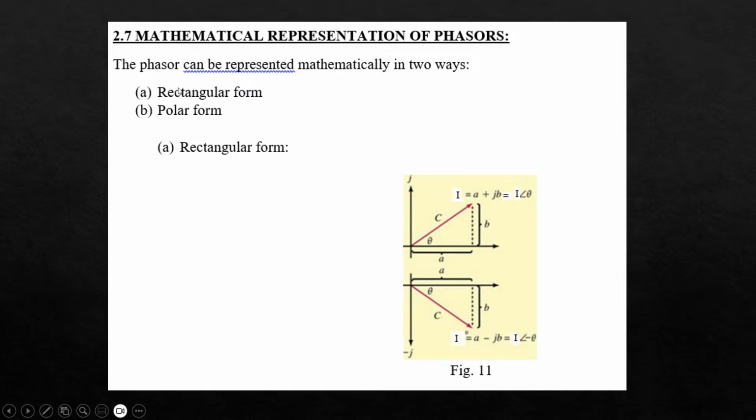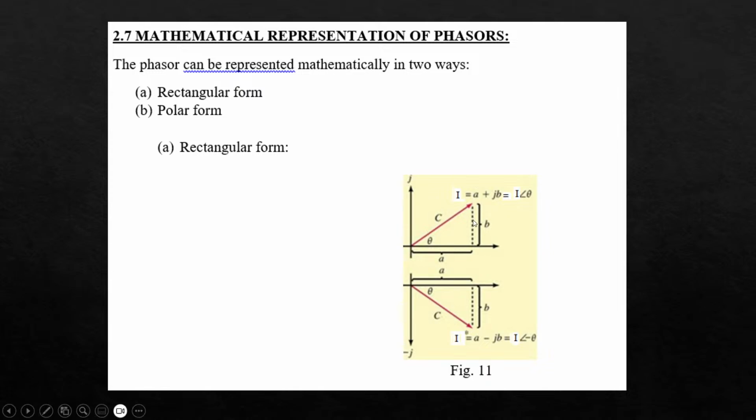The line OP represents an AC voltage or current if it satisfies the following conditions. Its length should be equal to the peak or maximum value of the sine wave. It should be in a horizontal position at the same instant as the AC quantity is 0.